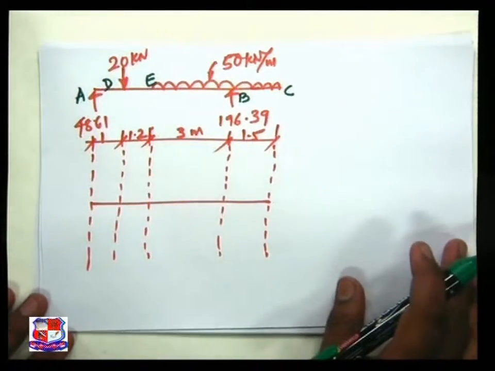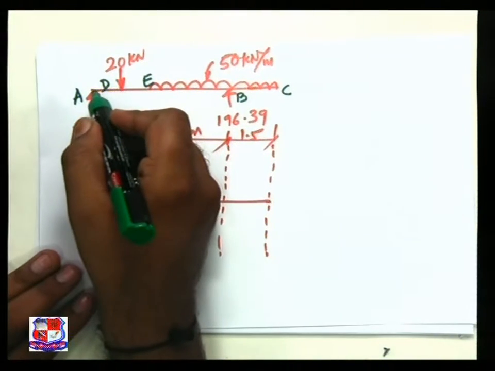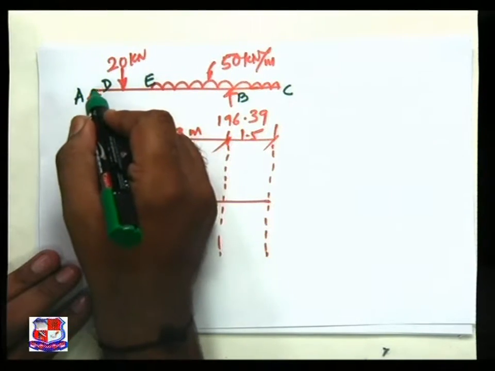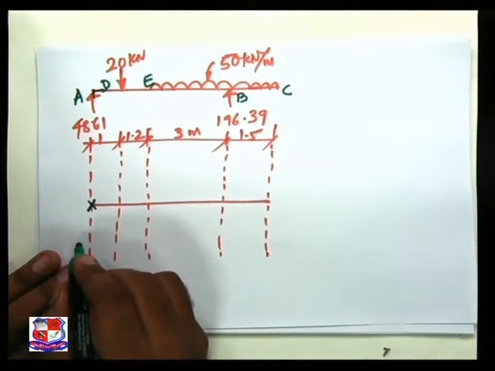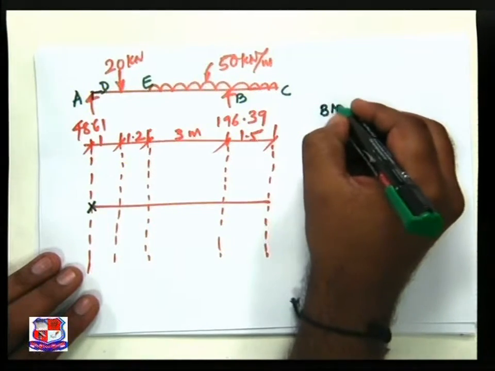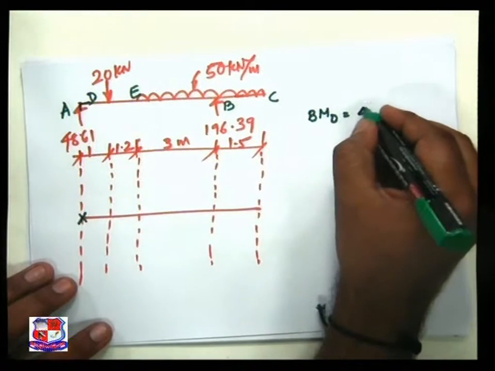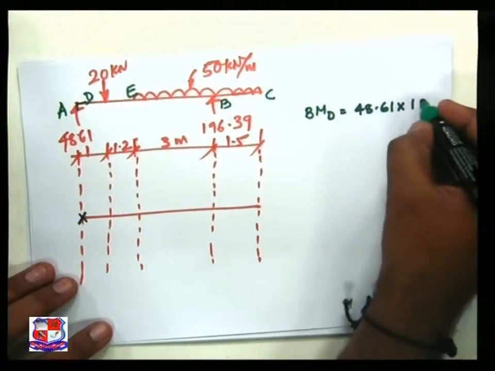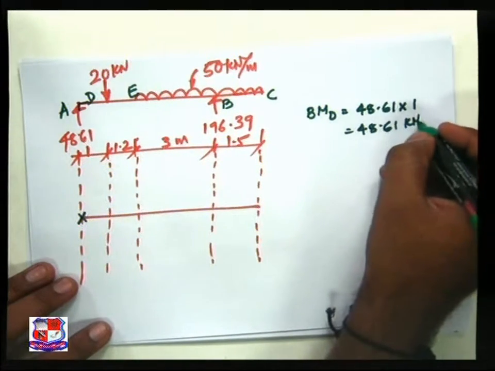Now at A point, because the beam starts from A, the value of bending moment is 0. Let us find out at D. Bending moment at D is equal to 48.61 into 1 and we achieve 48.61 kilonewton meter.